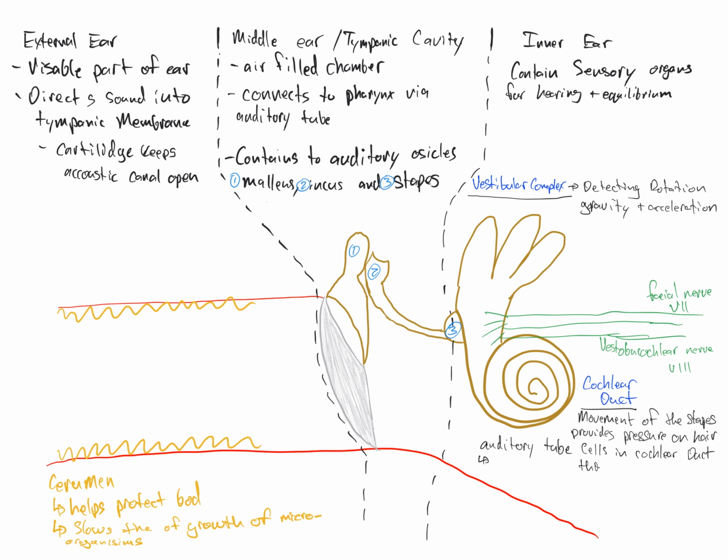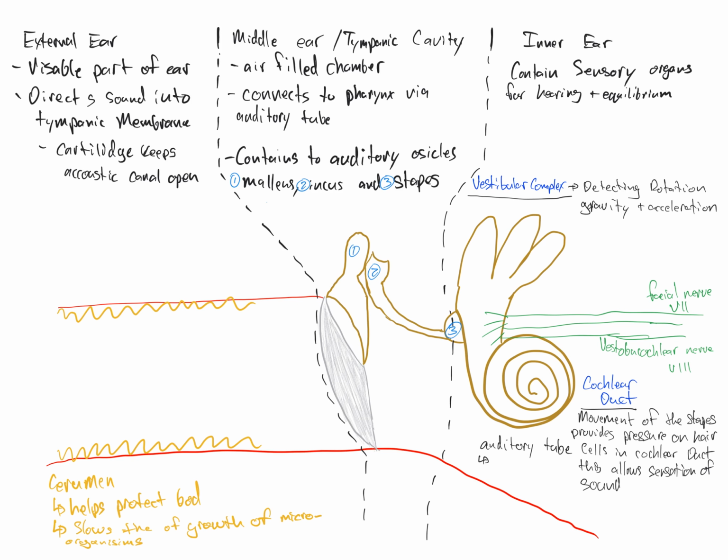This allows the sensation of sound. The auditory tube, or Eustachian tube, regulates pressure changes on the tympanic membrane and directly connects with the nasopharynx.